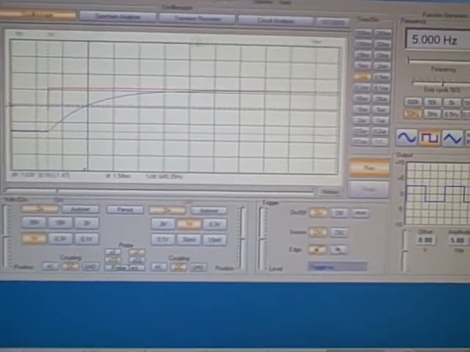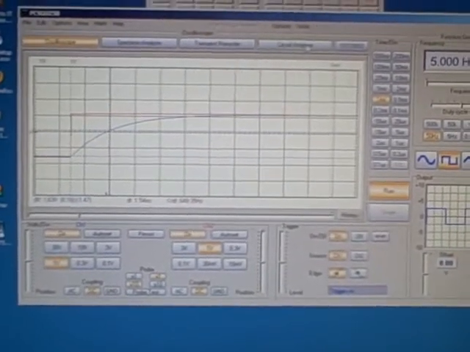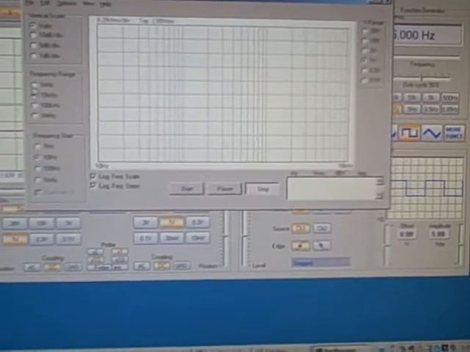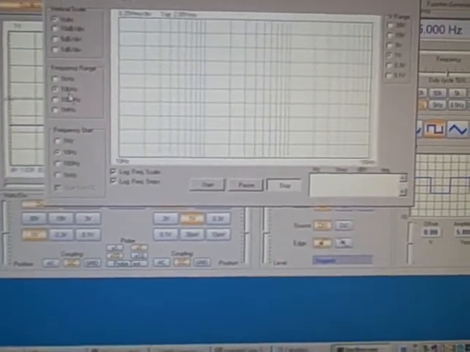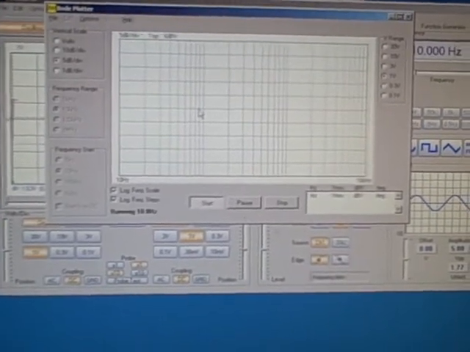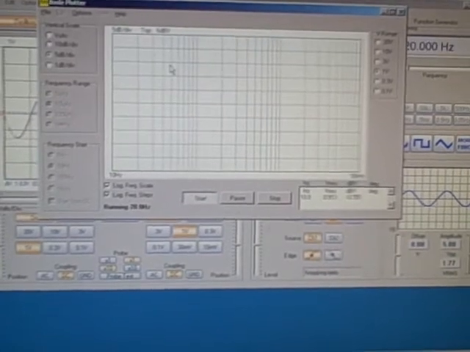The other thing that you can do is go to the circuit analyzer function here, and we know that the characteristic frequency is about 100 Hertz from our calculations, so we'll go up to 10 kilohertz, and we'll let the frequency analyzer show the behavior of the circuit at various frequencies.